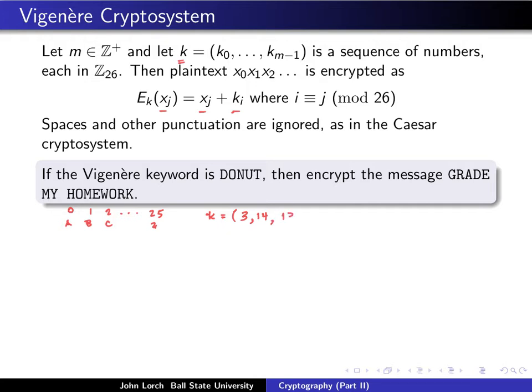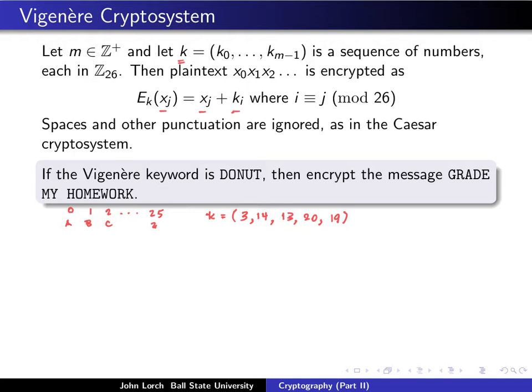N is the 13th letter. U is the 20th, and T is the 19th. So our keyword, donut, gives rise to the key whose components are 3, 14, 13, 20, and 19.